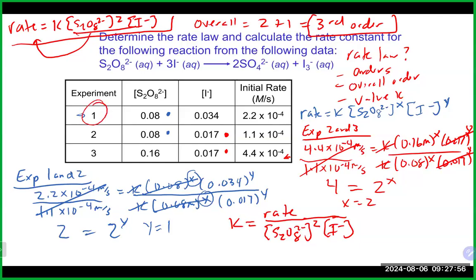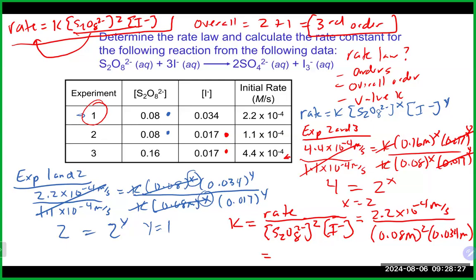I'm just going to choose entry number 1, and that will give me 2.2 times 10 to the minus 4 molar seconds divided by 0.08 molar squared and 0.034 molar. And when it's all said and done there, we will end up with 2.2 to the minus 4 divided by 0.08 squared and divided by 0.034.